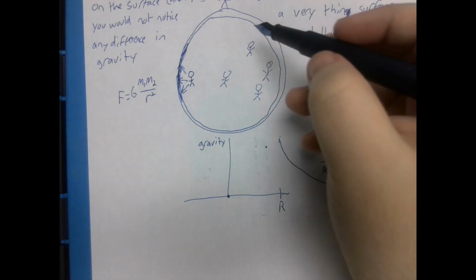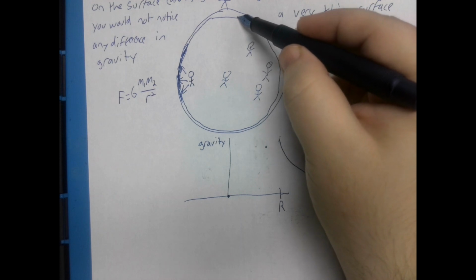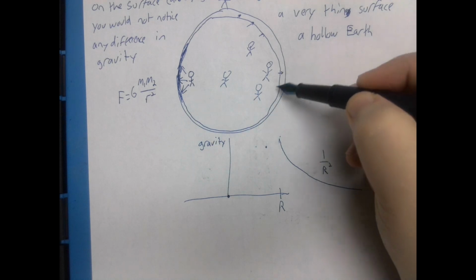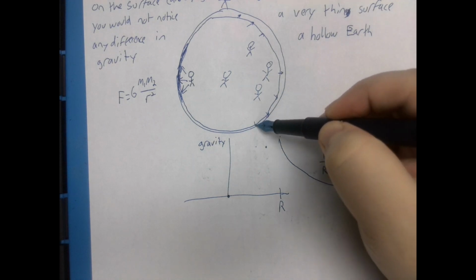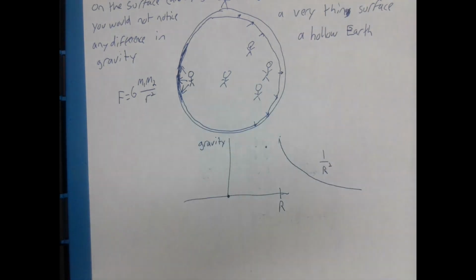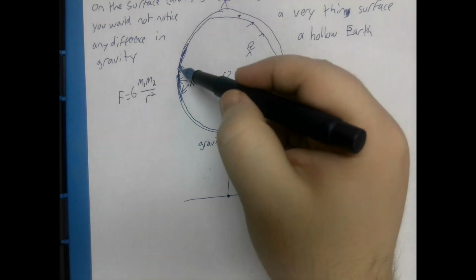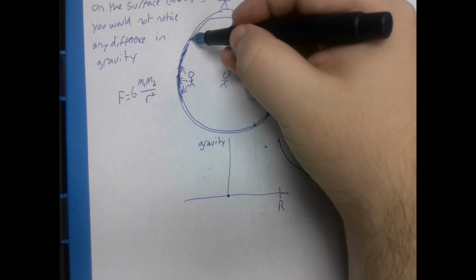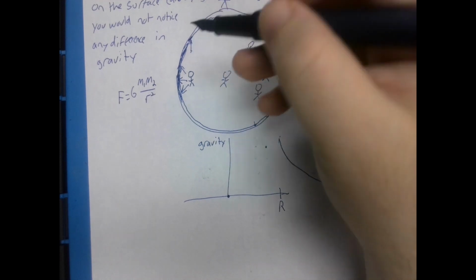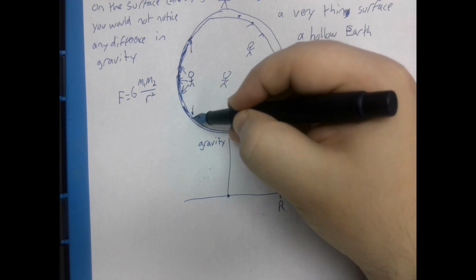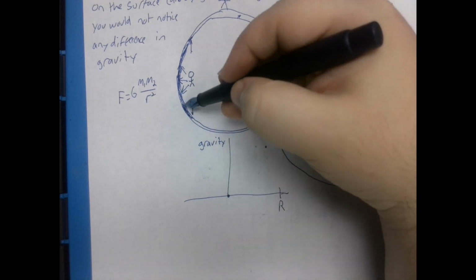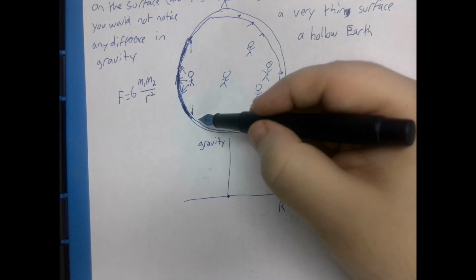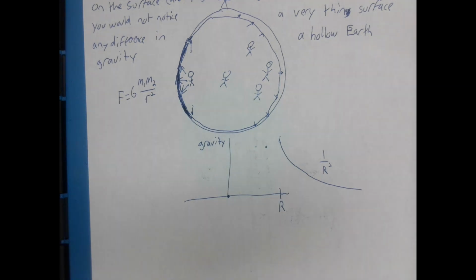However, very weakly, this mass is going to pull you down over here. It's going to be weak because it's so far away. This is going to be stronger because you're so close. This one right here is going to pull you upward. So this region right here is all pulling you to the left, and all this region is pulling you to the right.